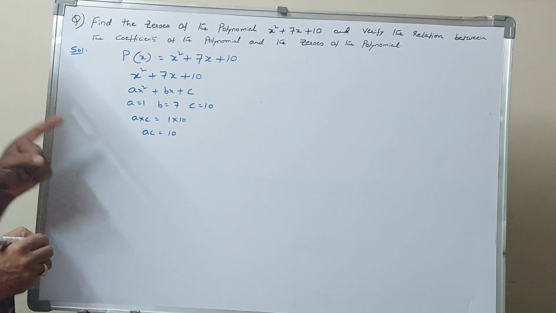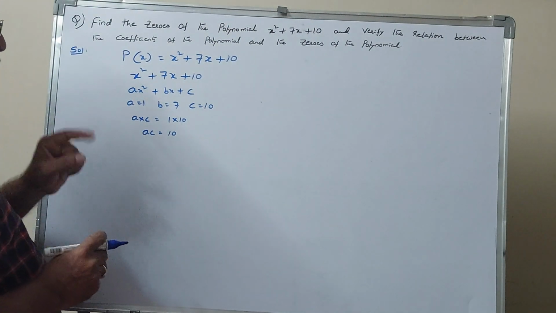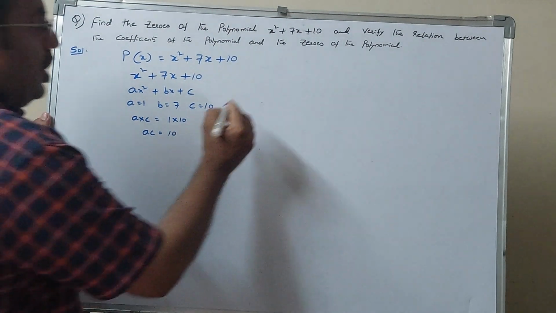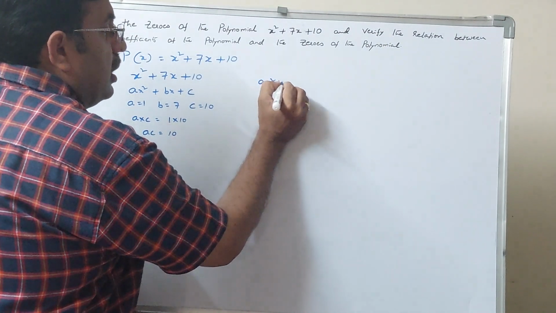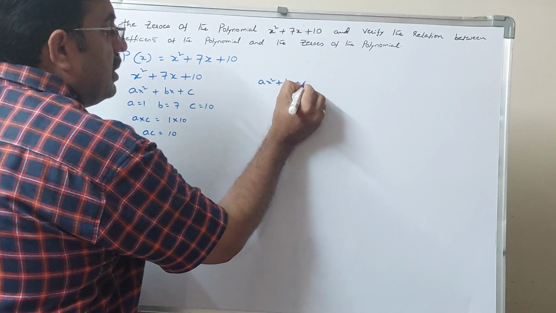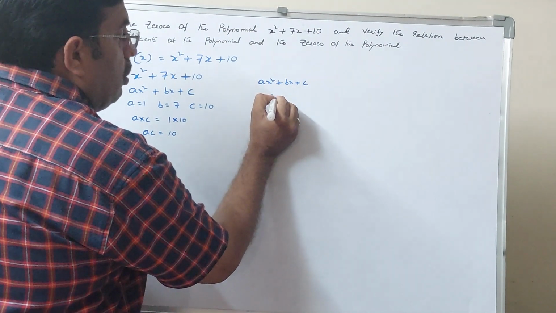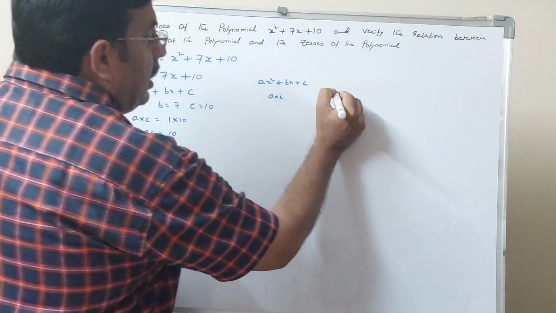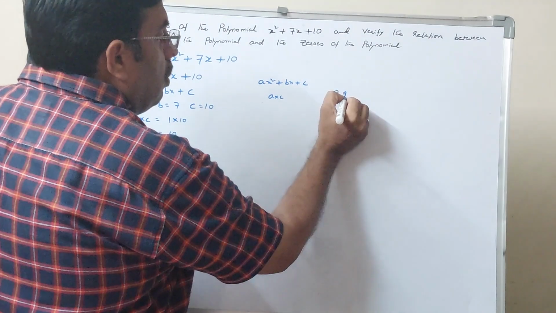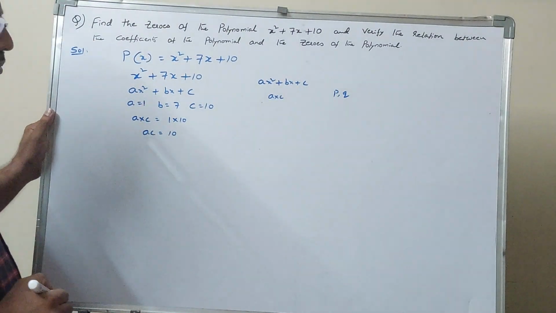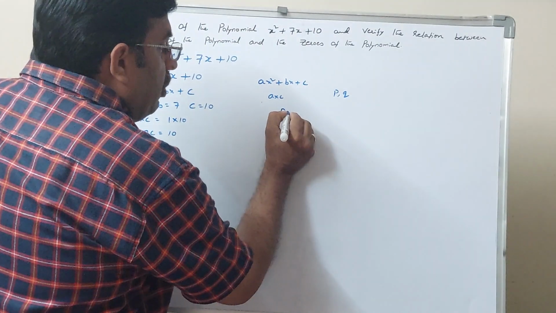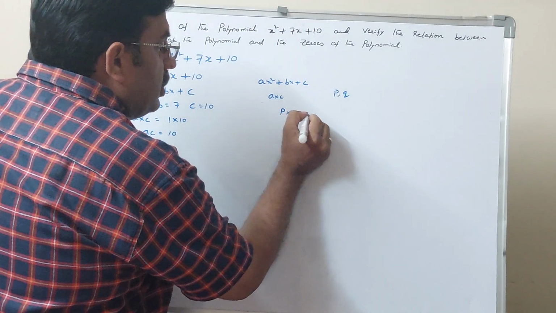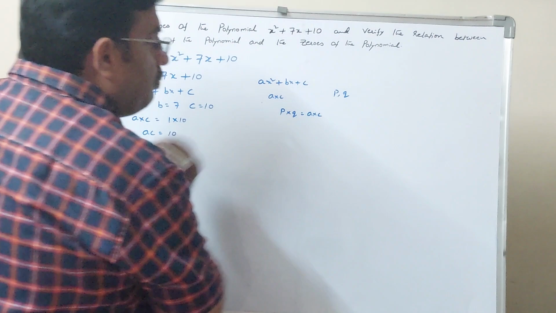So the factors must be, if you take two values p and q, in the general form equation ax square plus bx plus c, here I am getting the factorization. Here a into c, take p and q as the factors means if you multiply p into q, you must get a into c.